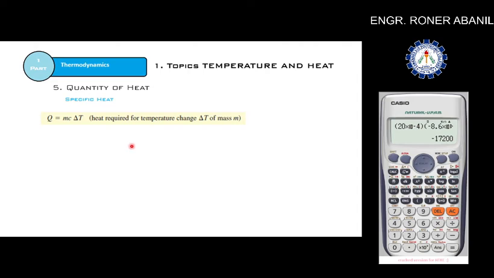So dito, formulang gagamitin natin is Q equals mc change of temperature or mc delta T. So kami noon nung nagre-review kami, ang ginagamit namin dito pag specific heat ang pinag-uusapan, ang hindi naaalis sa utak namin is si MCAT. So madali lang tandaan, Q equals mc multiplied by the change of temperature. Okay?